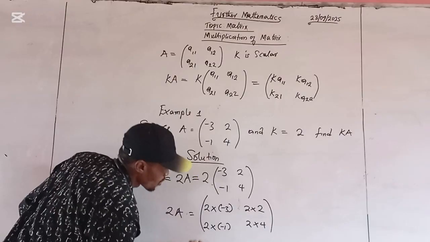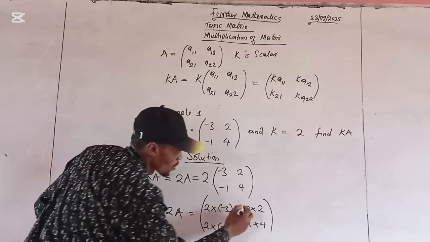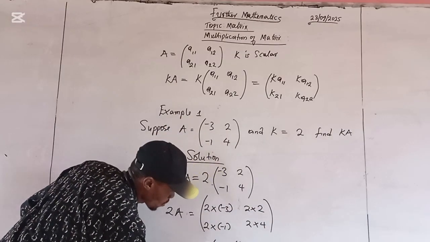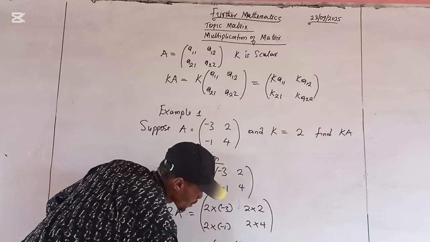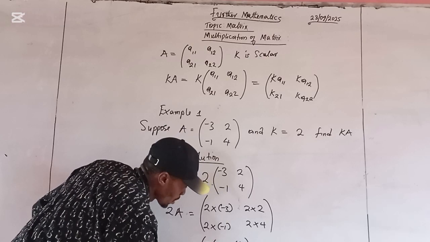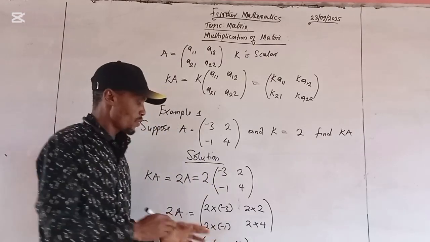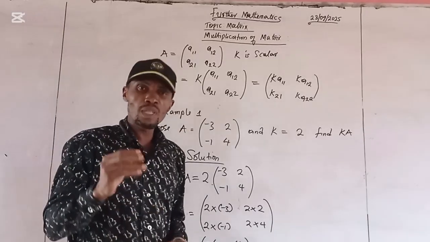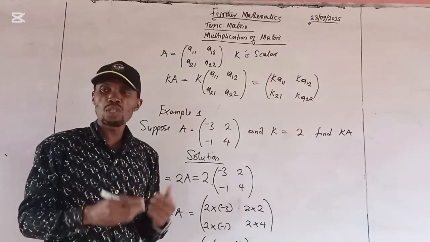So this gives you 2 times -3 automatically gives you -6, 2 times 2 is 4, 2 times -1 is -2, and 2 times 4 is 8. So this is the scalar multiplication of matrix A.